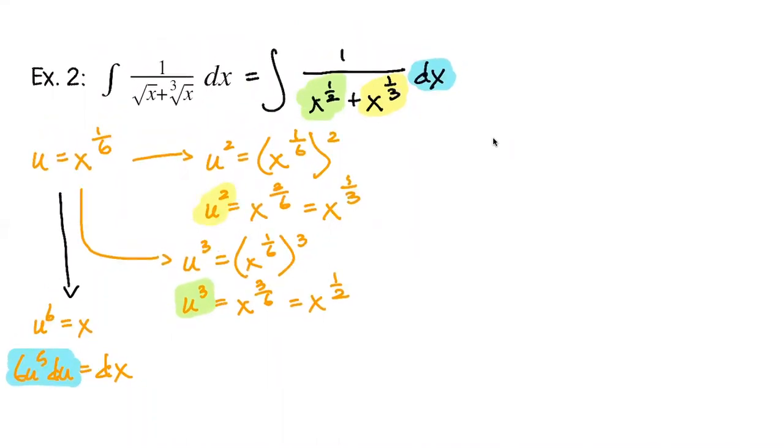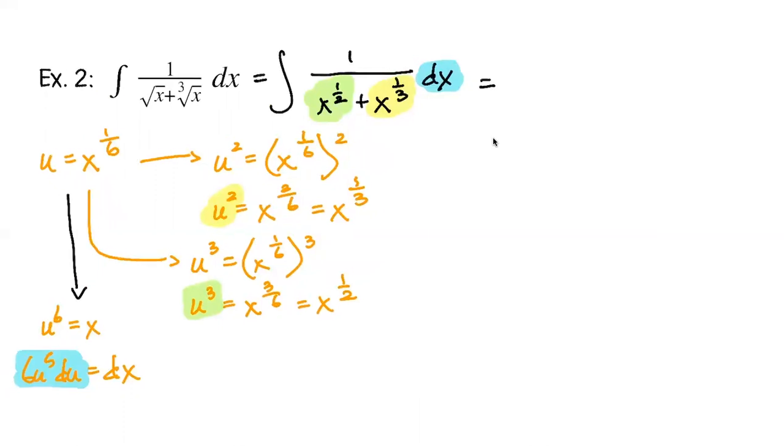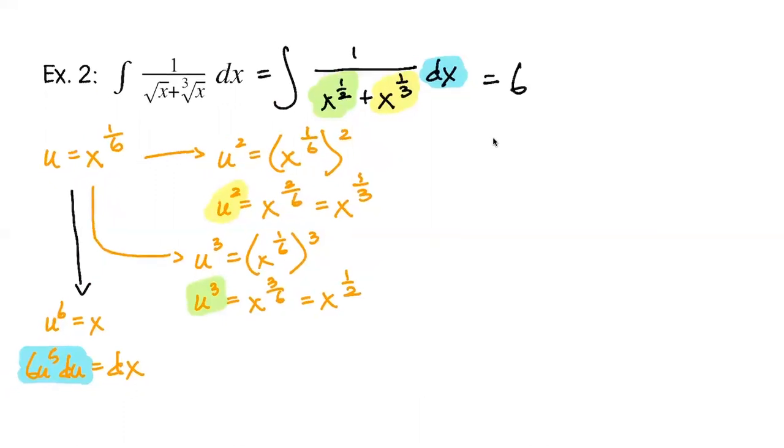So when we substitute all of these things in, let's pull the 6 out to the front. I have u to the 5th du, and then I have u cubed plus u squared.